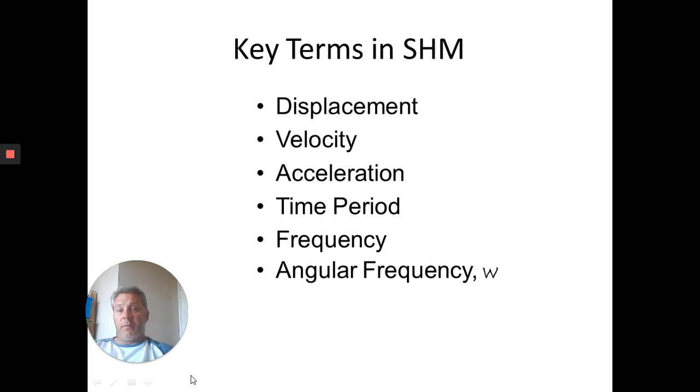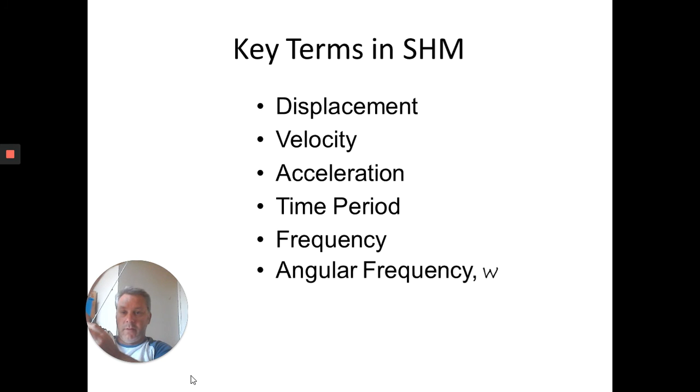Now, other key terms we use in simple harmonic motion. I've talked about displacement, how far we move, left or right; velocity, how fast it's going in a particular direction; acceleration; and time period, the time it takes for one complete oscillation. So for a pendulum, if we're starting here, it's the time it takes to go all the way across and all the way back to there again.